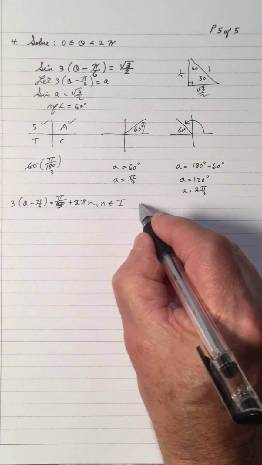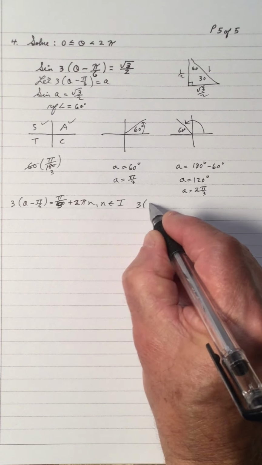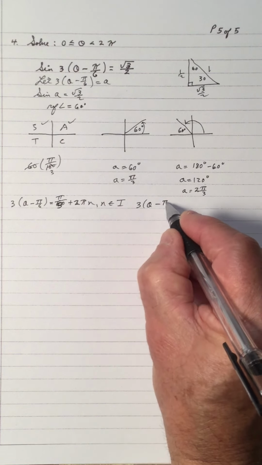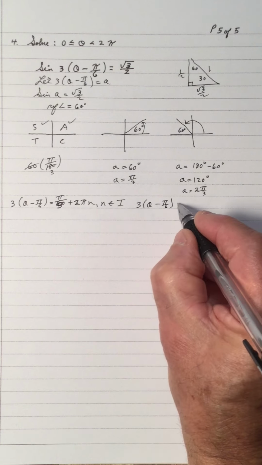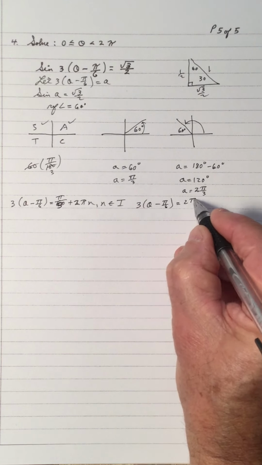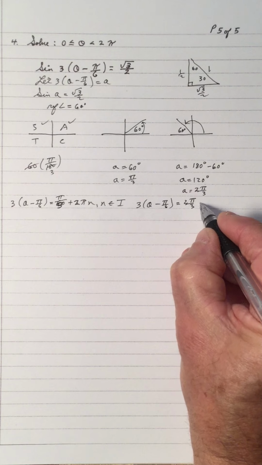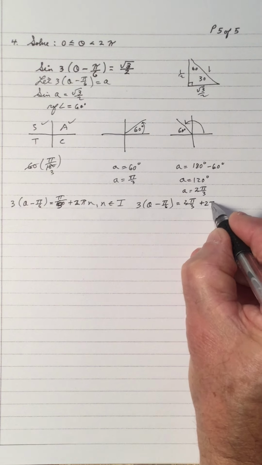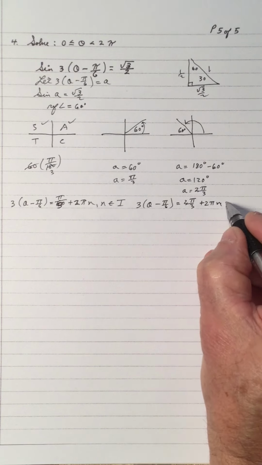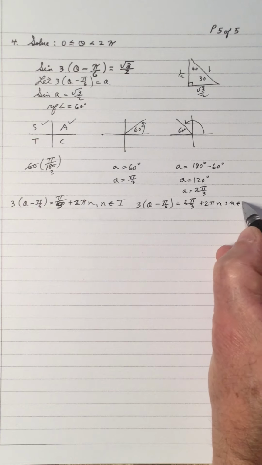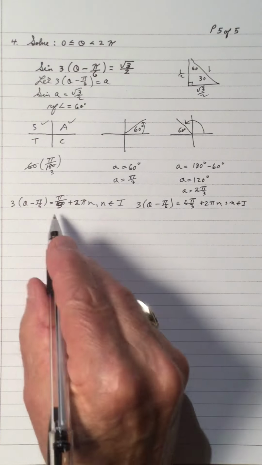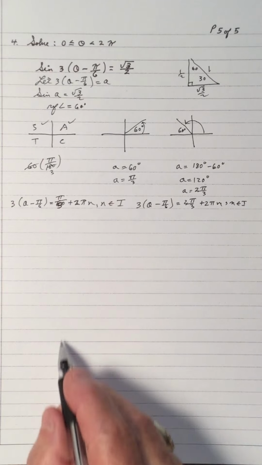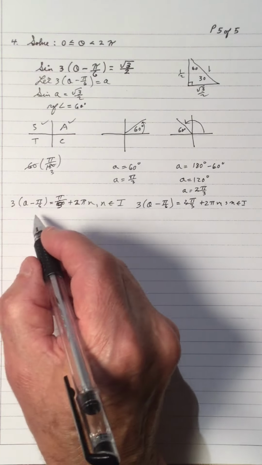And for this one, we have 3 theta minus pi over 6 equals 2 pi over 3 plus 2 pi n, where n belongs to the integers. So I'm going to work this one out first all the way down, then work the other one out so we won't get confused.